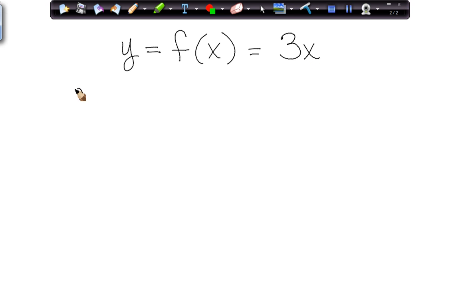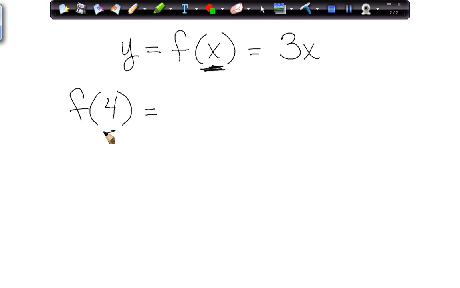Let's say we're going to, instead of putting in an arbitrary x, that means we don't know what we're putting in, let's put in something specific. What if we put in maybe a 4, okay? What is this factory named f going to do to the number 4? Well, it's going to say 3 times x, in this case x.